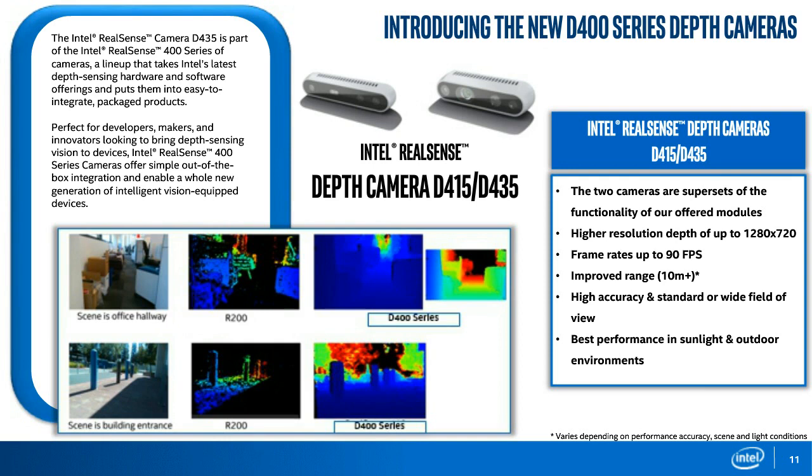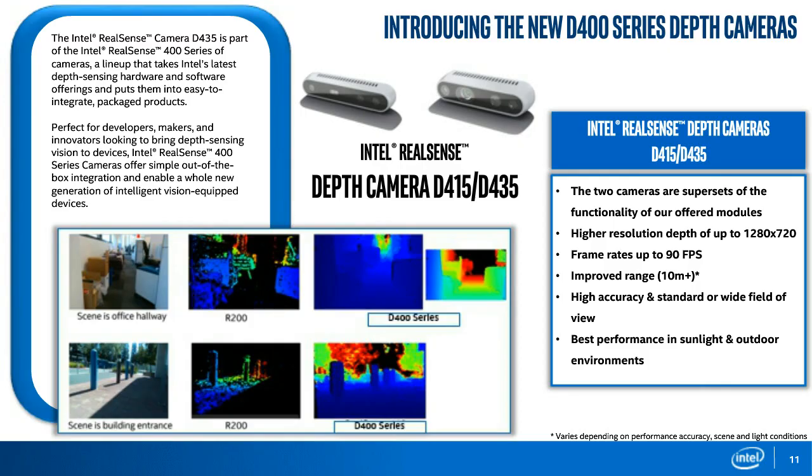And the standard or wide field of view can meet the needs of whatever use case that you have. And I want to actually overplay the sunlight and outdoor environments work great for our camera. So indoors, outdoors, you don't have to be finicky with the lights. Our camera works great in both environments.